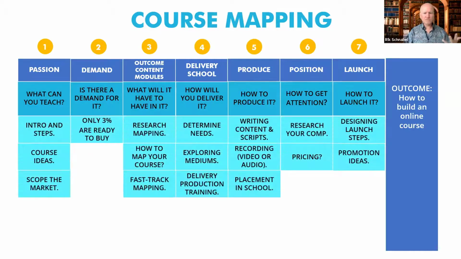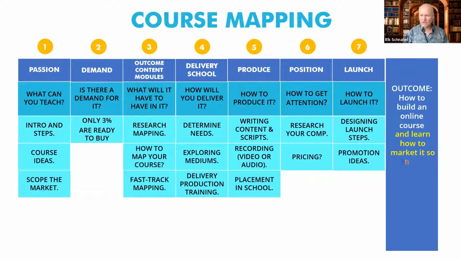So the next thing that you do is you put the content down. You work out what are the actual content pieces that are in your course. Now, when you get to the position stage, which is step number 6, what you now do is you re-look at your course and consider, are there more modules that need to be put in it?